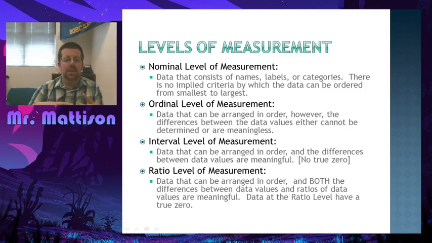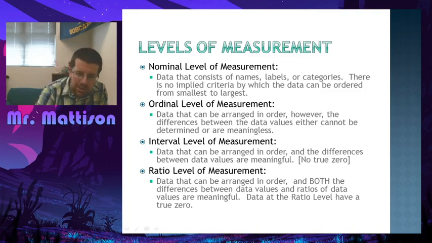Now, another really nice one to kind of talk about the difference between interval and ratio is temperature. So let's say it's 70 degrees outside, right? Nice day. Is the difference between 70 degrees and 71 degrees the same as 71 and 72? Well, yeah, that's a measurable difference, and it's really just a measure of the amount of energy, and that works, right?